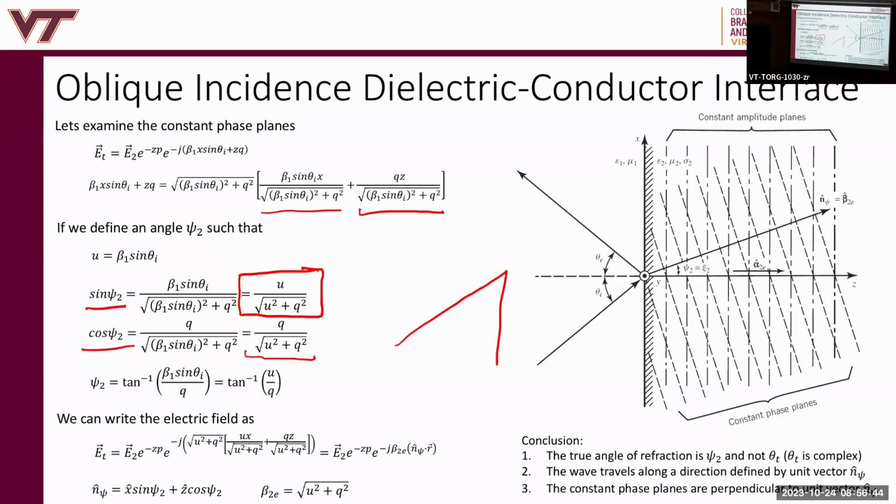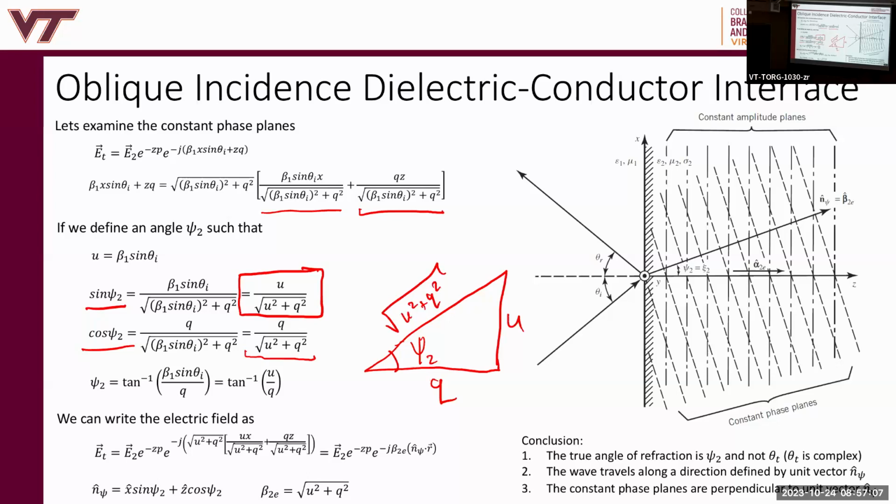So think about it like this. We have some angle here, psi 2. If we define one of these sides as Q and one of them as U, sine is opposite over hypotenuse, right? So the opposite is U, and this is Q, and the hypotenuse is the square root of U squared plus Q squared.